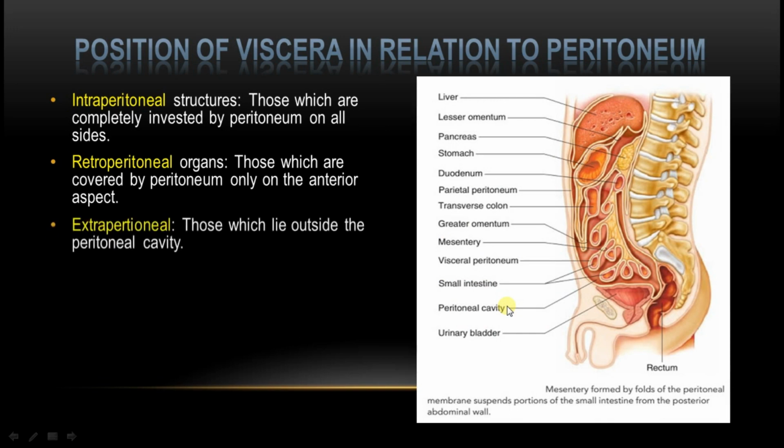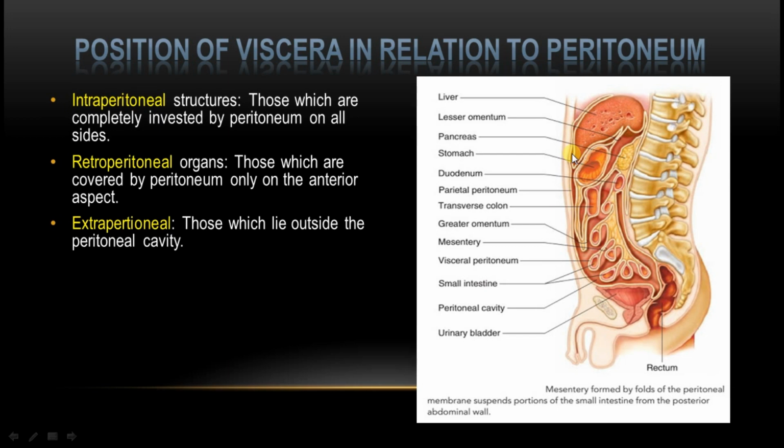Then you have extraperitoneal, those which lie outside the peritoneal cavity. So what is outside the peritoneal cavity? There cannot be anything outside the peritoneal cavity, because we all know the parietal peritoneum lines the whole of the walls. Then how can something be outside the peritoneal cavity? Precisely speaking, if you look logically, all the organs which we considered as intraperitoneal are extraperitoneal, because what can be present between the two layers of the peritoneum?